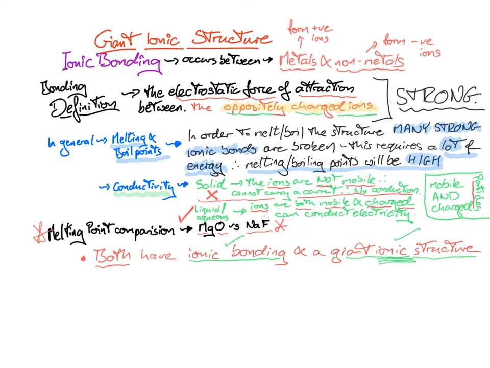In this case, because both of the compounds we're dealing with have the same bonding and the same structure, we need to look within the structure to see why they will have a different melting point and boiling point.